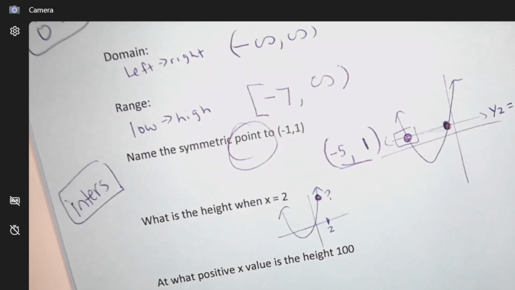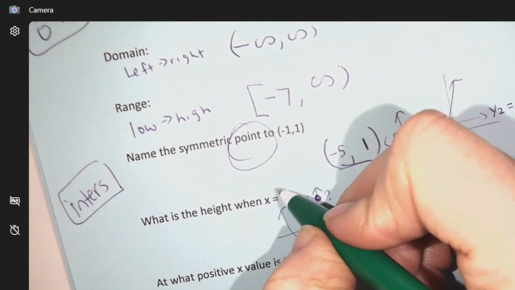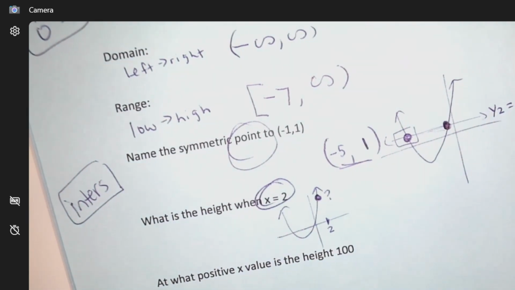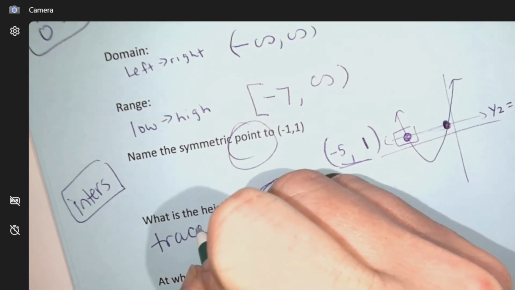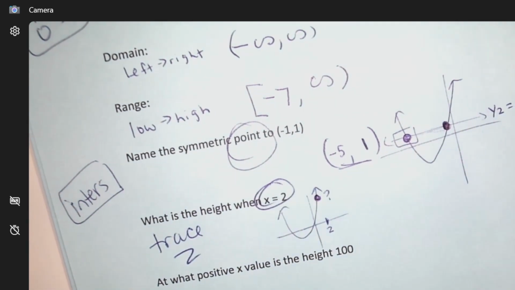I just kind of talked about this. If you know x, you just tell your mouse to go there. So how do you tell your mouse to go there? Trace 2. Just tell your mouse.